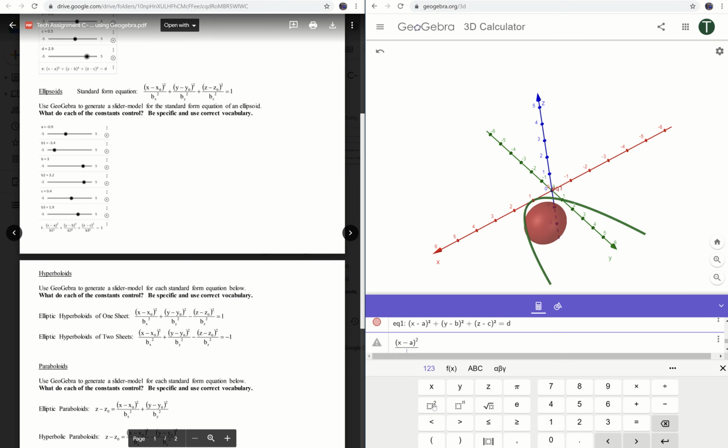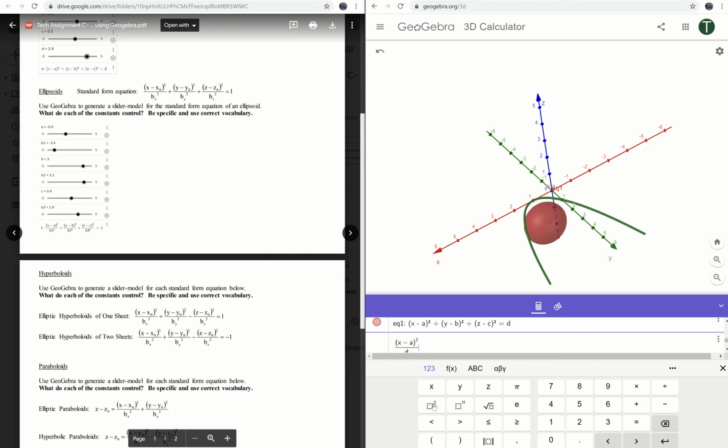Now there is a way to get subscripts on GeoGebra, but again, it's a pain. I just used B1 as an expression. But what we can do is just keep going down the alphabet. We don't need a D in this one, so use the slider D for the first denominator.